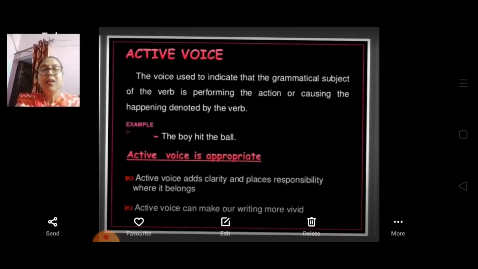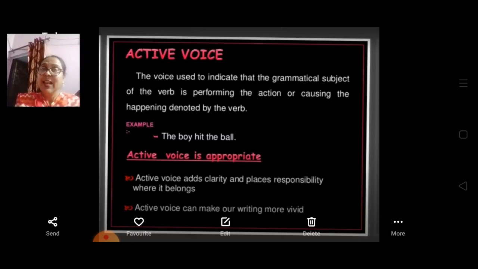For example, the boy hit the ball. Now here you can say active voice is appropriate. Active voice adds clarity and places responsibility where it belongs. Active voice can make our writing more vivid.